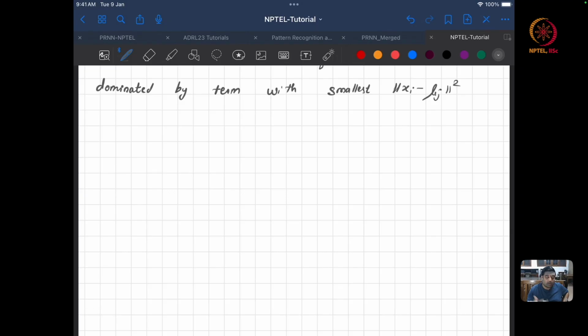It will dominate both numerator and denominator, they will cancel out, so it will be 1. For all l not equal to j, this will be 0. For the one with least distance, this will be 1. This is a Dirac delta function. This is what is known as the hard assignment.